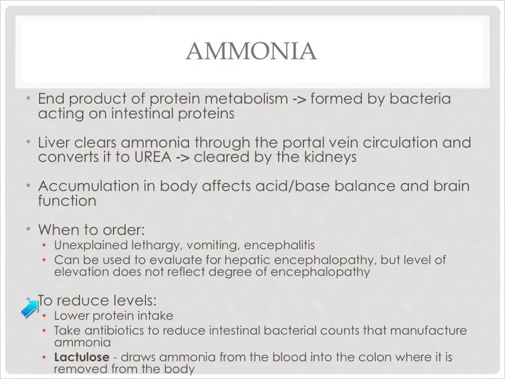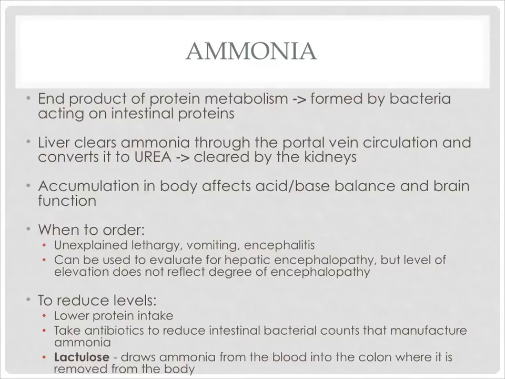Now, to reduce these levels, and this would be in folks who have chronic liver issues, where their potential for ammonia is going to be high, you want to lower their protein intake so that they don't have production of ammonia. You also want to consider having them take antibiotics to reduce the bacteria, the intestinal flora, so that they can't produce ammonia as well.